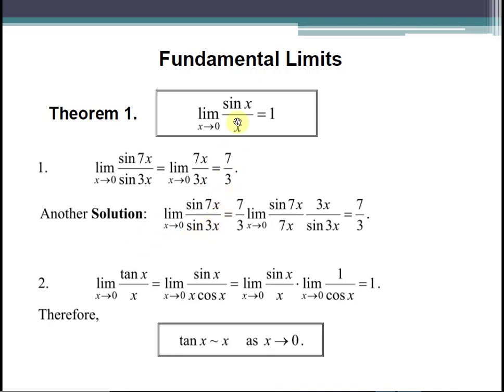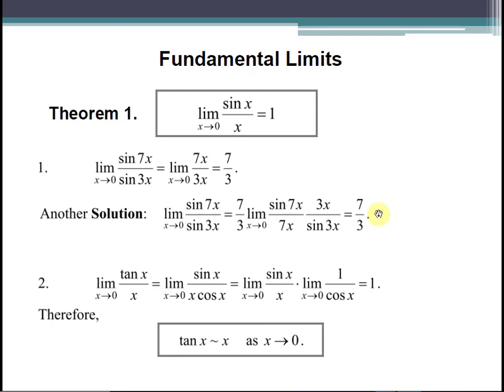Or, using the first fundamental limit, here is another solution. Sine 7x, if we multiply and divide by 7x, there is no change. However, we have in the denominator sine 3x. We need to multiply and divide by 3x also.